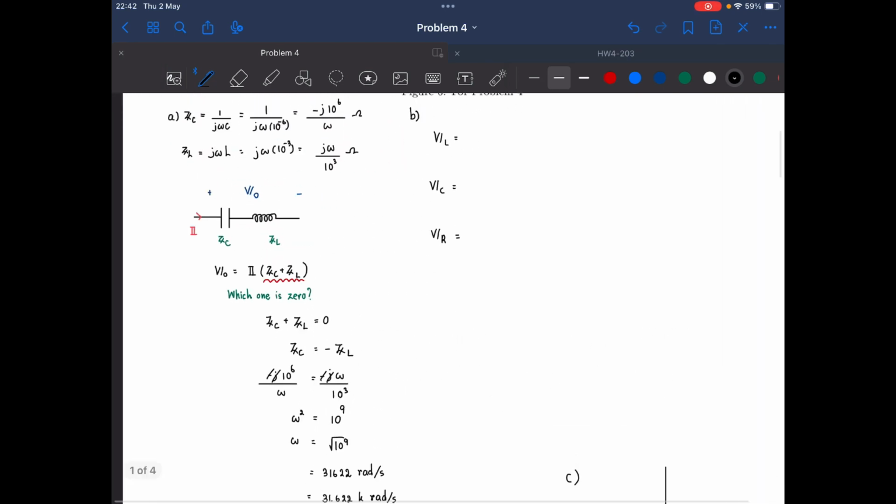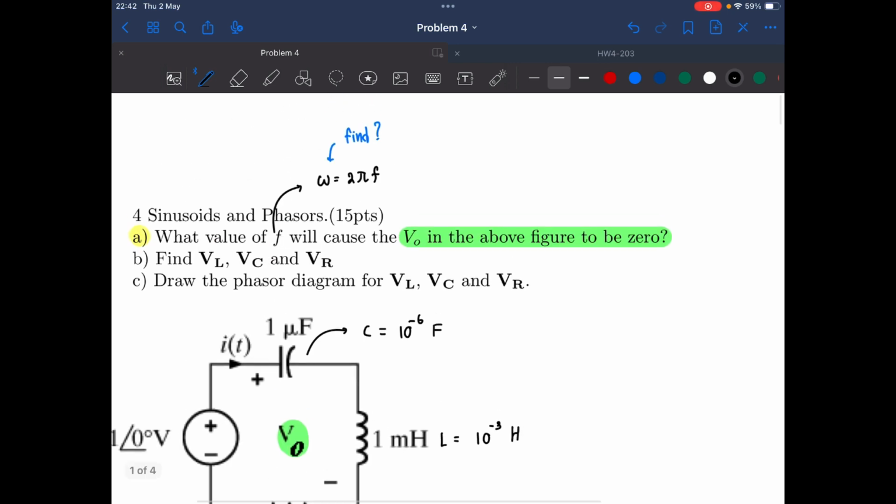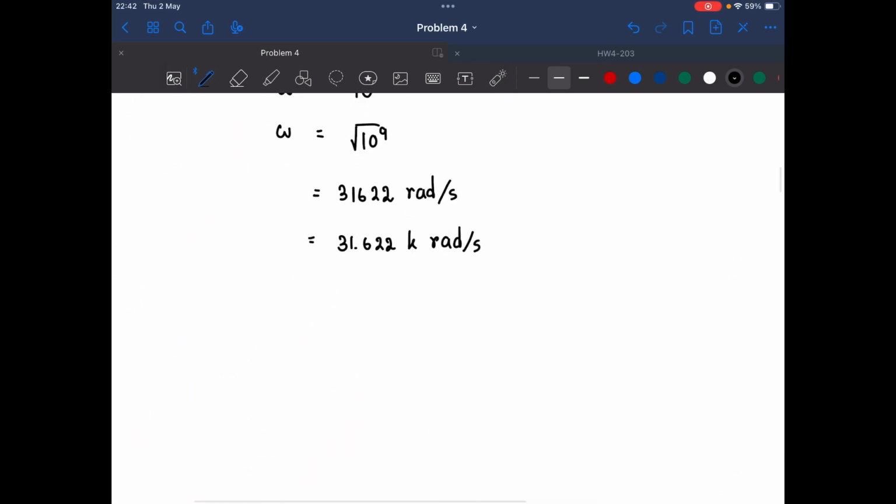Which means that we will know the value of the frequency from this, right? 2 pi f is equal to omega, and we know that 2 pi f is equal to this value.